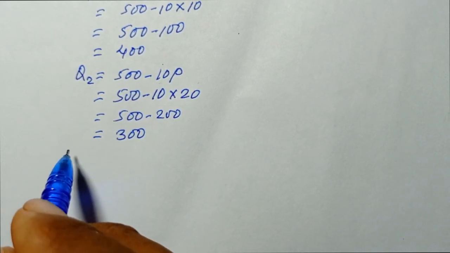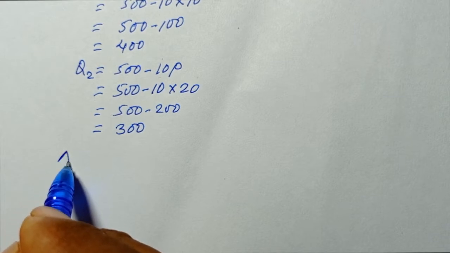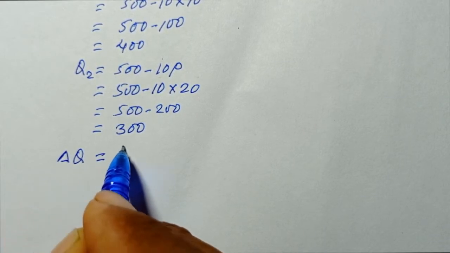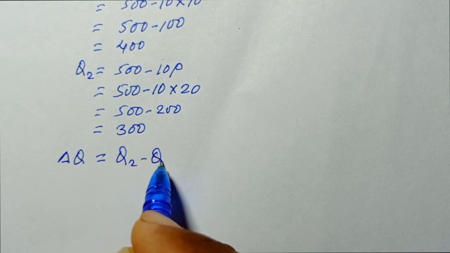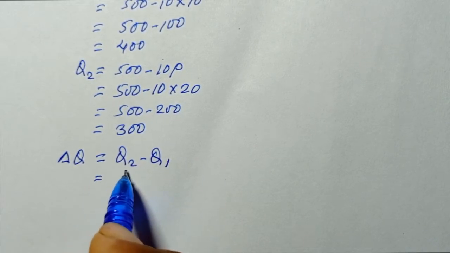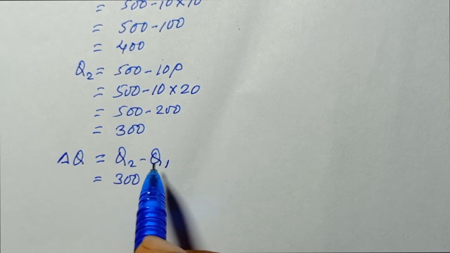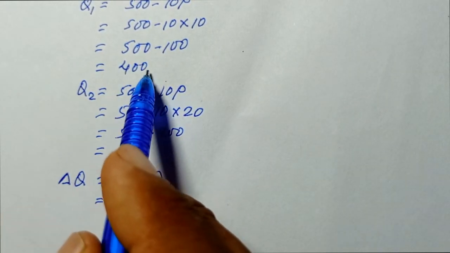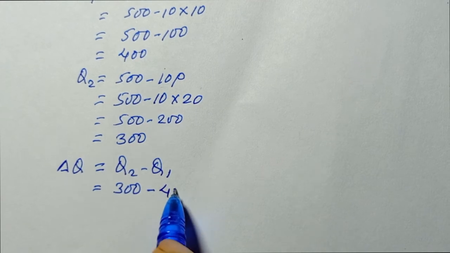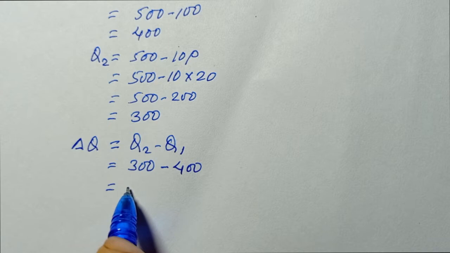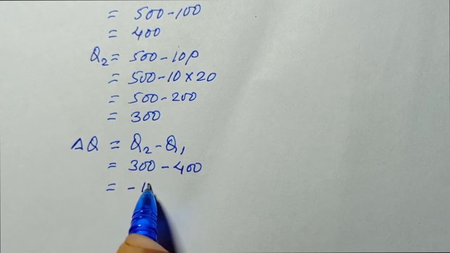And now find out the change in Q. Change in Q is equal to Q2 minus Q1. New quantity is 300, and initial quantity was equal to 400. And change in quantity is equal to minus 100.